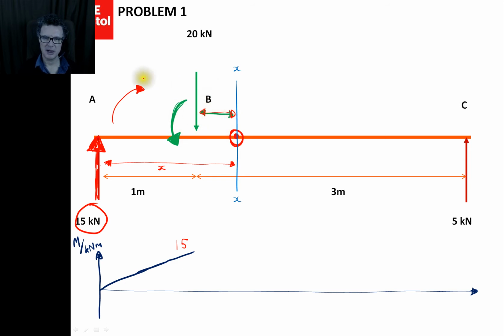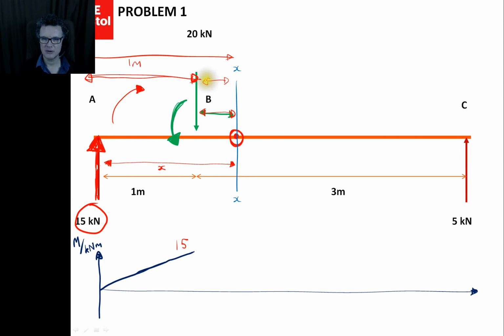The way to do that is to measure this distance, which I know is going to be 1 meter, and then say this distance here is going to be the distance to x, take away the distance to the position of the force.